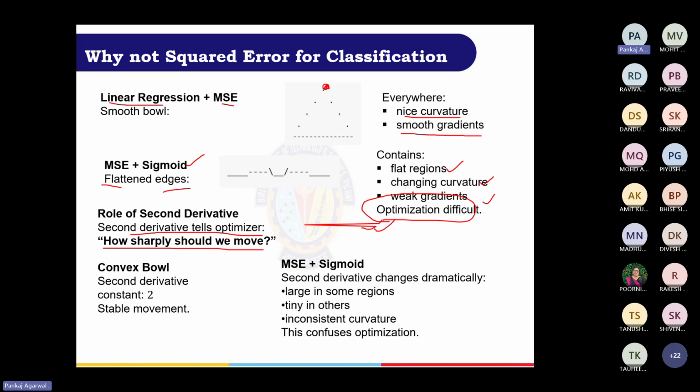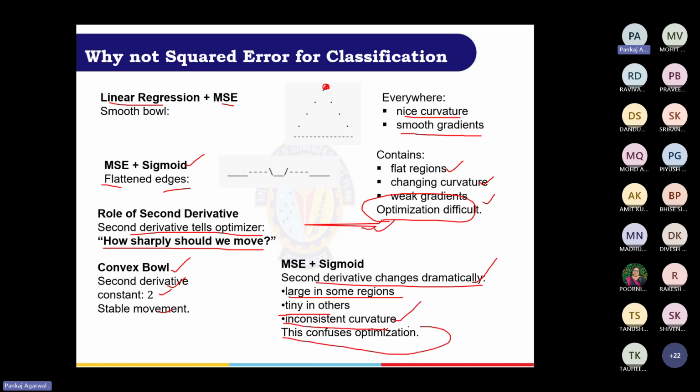So the question was, why was I not using MSE, and why am I talking about another loss function? If it had been a convex bowl, the second derivative would have been constant, giving stable movement. But here the second derivative changes dramatically, large in some regions, tiny in other regions, and inconsistent curvature.